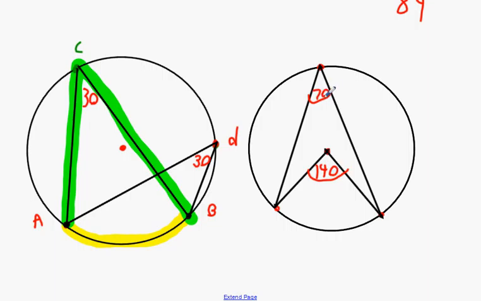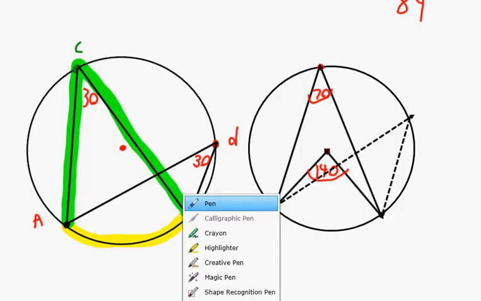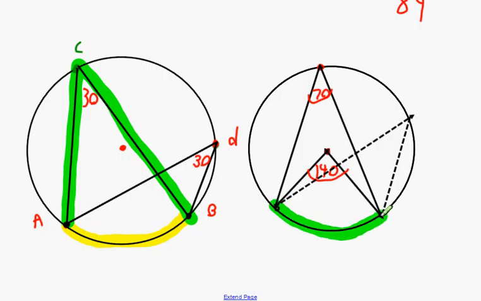If I drew another arc right now, the dotted one, can anybody tell me the size of the dotted arc? Why? Standing on the same arc. You okay with that? Okay.